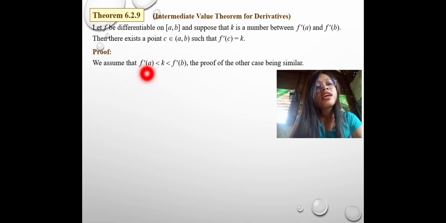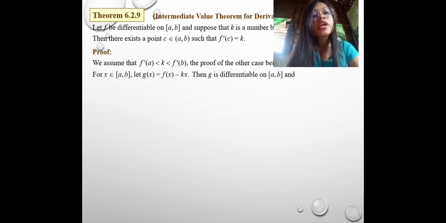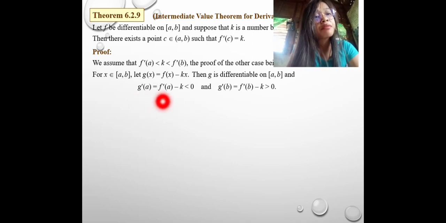We assume that f'(a) is less than k and k is less than f'(b), the proof of the other case being similar. For x in [a,b], let g(x) equal f(x) minus kx. Then g is differentiable on [a,b], and g'(a) equals f'(a) minus k, which is less than 0, and g'(b) equals f'(b) minus k, which is greater than 0.